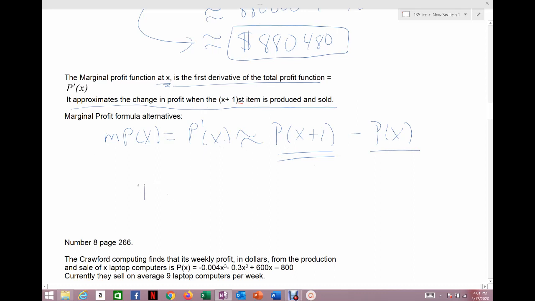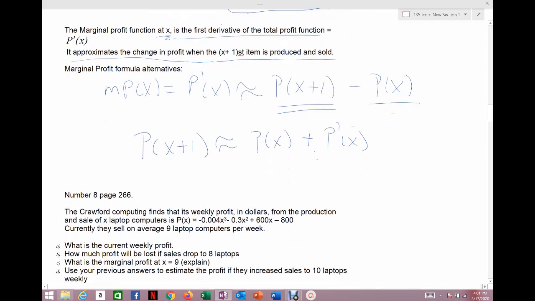Again, another way we can rewrite it is profit at the next item is approximately profit at the current level plus the marginal profit. Alright, this would be the marginal profit, what we guess is the little bit more that they'll make. Works the same way as the cost and the revenue. So no difference in that.